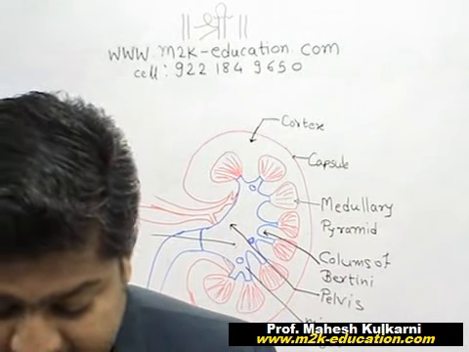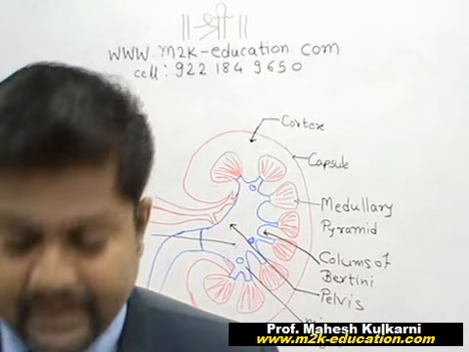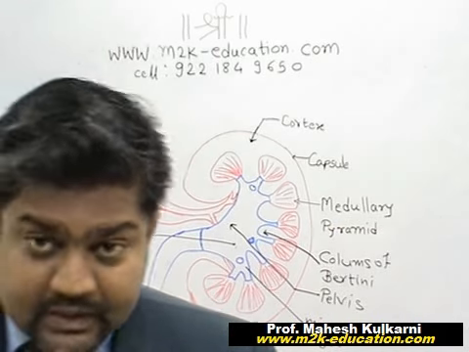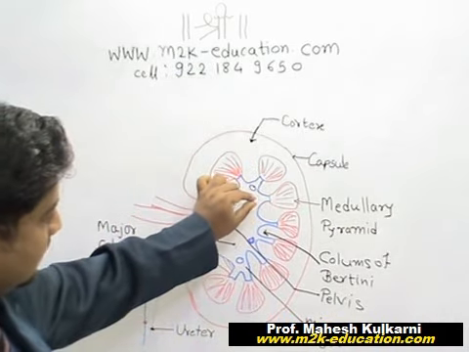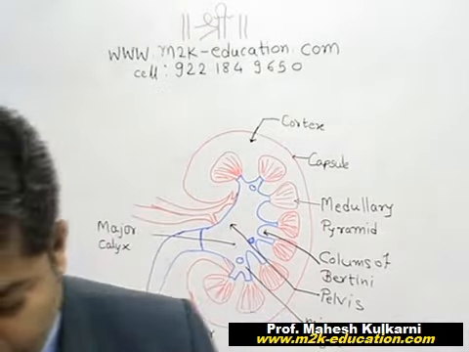This is lighter in color and divided into pyramidal regions called renal pyramids. A renal pyramid has a wide base attached to the cortex, and toward the other end it becomes narrower.